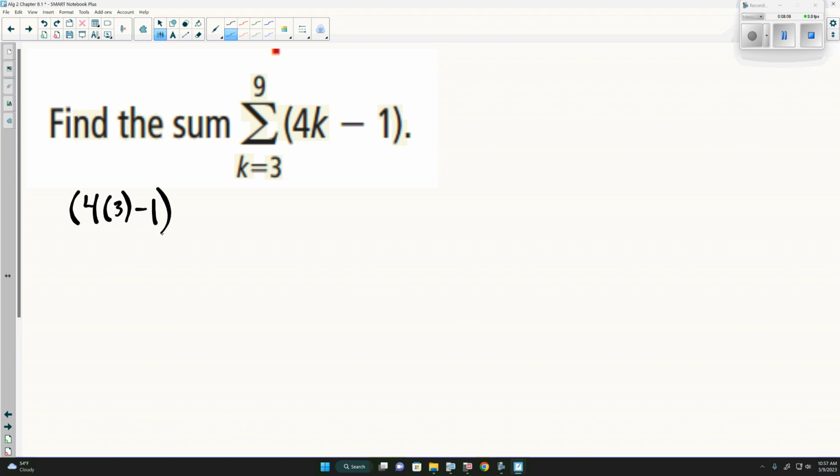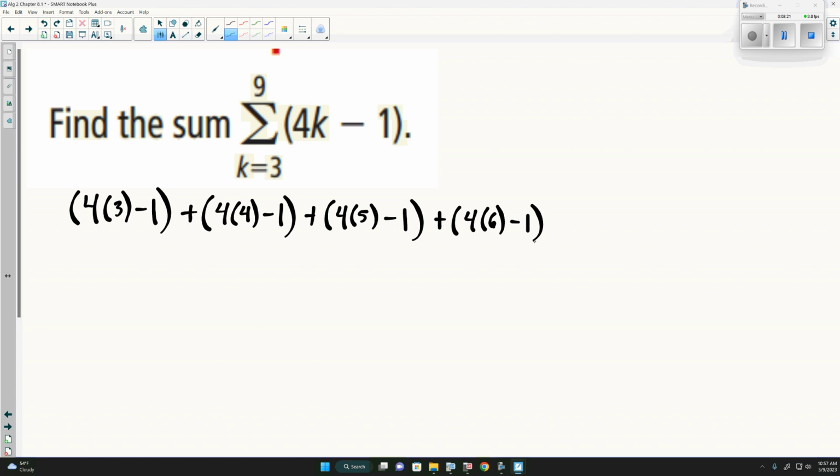So we'll say 4 times 3 minus 1 plus 4 times 4 minus 1 plus 4 times 5 minus 1 plus 4 times 6 minus 1, times 8 minus 1. And lastly, 4 times 9 minus 1.